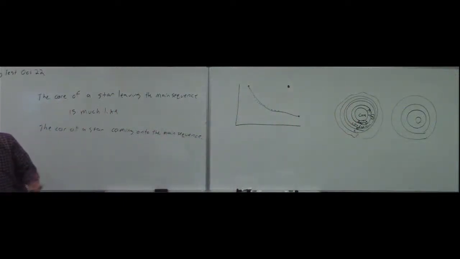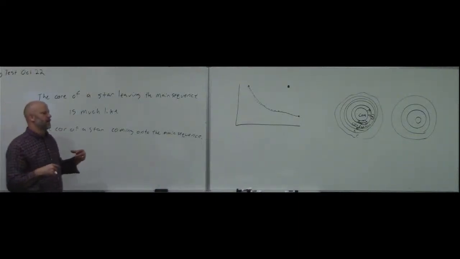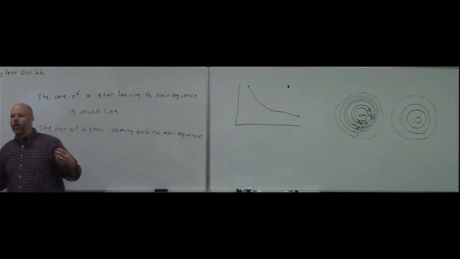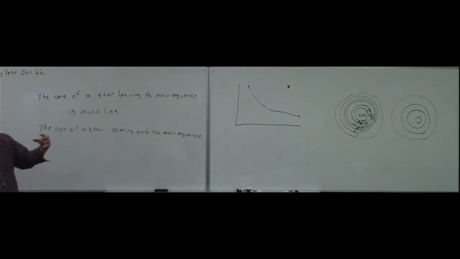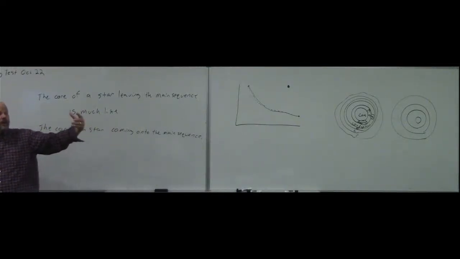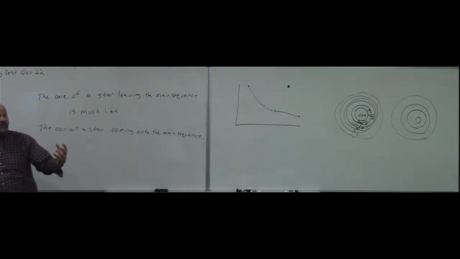You've got a bunch of gas in a nebula, contracts and filaments, you've got clumps, you've got cores, you've got a protostar. At some point I'm going to have a main sequence star. How do I get from all that just gas everywhere to a main sequence star? Gravity and rotation. Gravity and rotation are going to contract it in. As the gravity contracts it in, it starts to heat up.